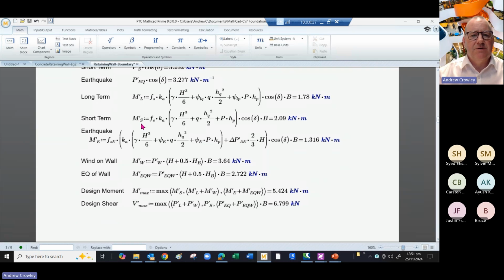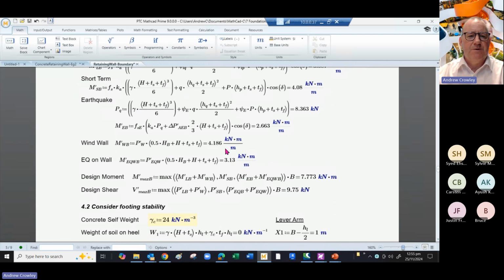Looking at the short term, you've got slightly different parameters, and that works out as 2. Similarly with the earthquake, you're using the KAE for the earthquake with a factor and it works out as 1.31.